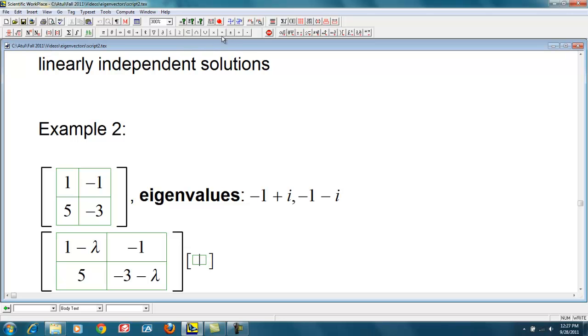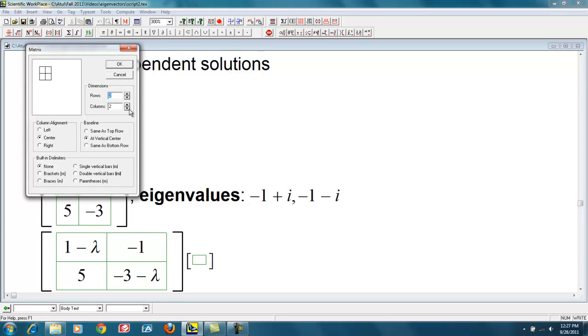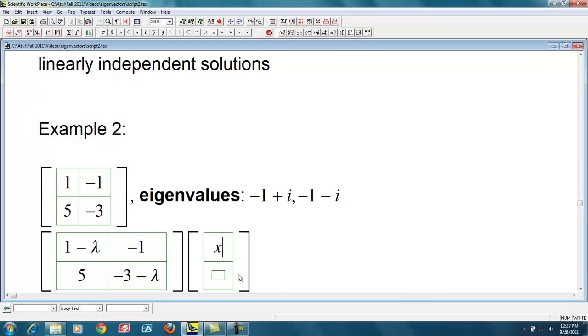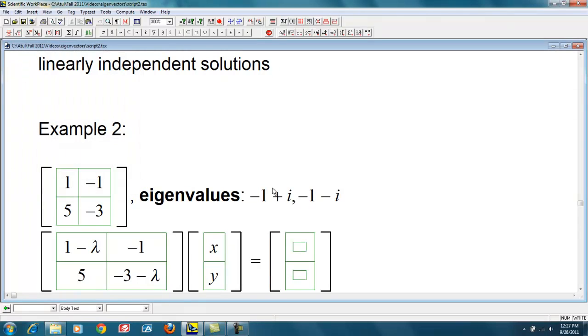I mean, we are just abbreviating, putting those steps together in just one step. So you have this equal to 0, 0. Same thing.